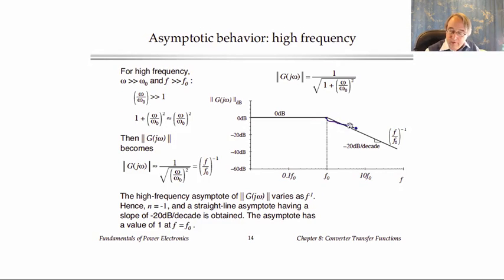So here is that line for f much greater than f naught. We have the minus 20 dB per decade slope, and it passes through 0 dB at f equals f naught, which in fact intersects the other asymptote.